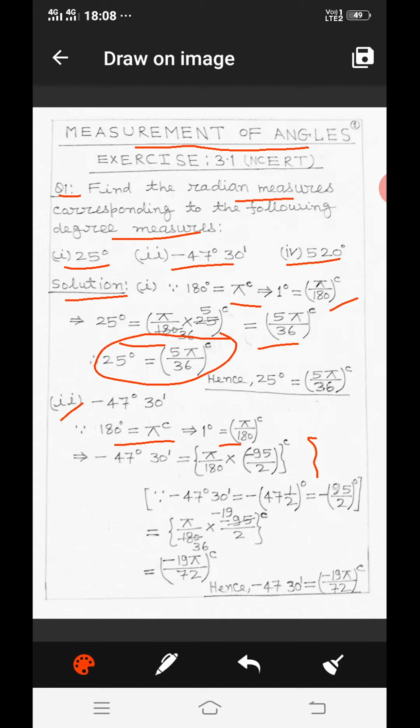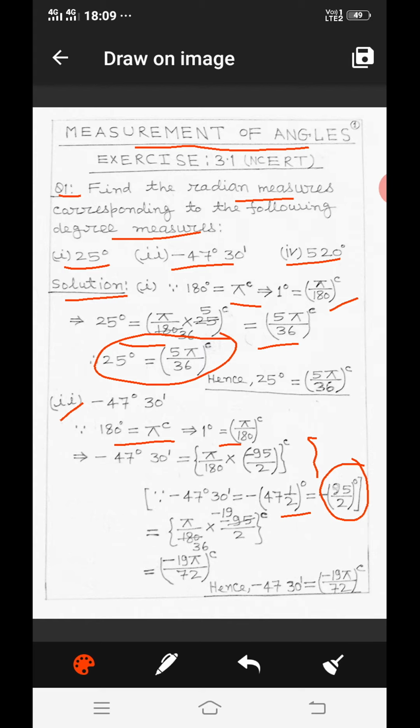Here minus 47 degree 30 minutes equals minus 47 whole 1 by 2 degree, and this is equal to minus 95 by 2 degree.